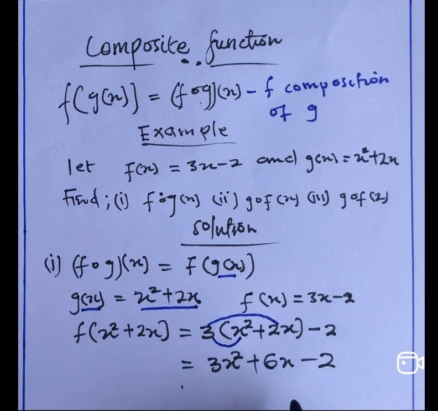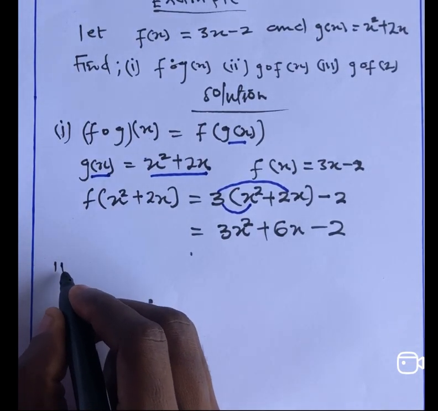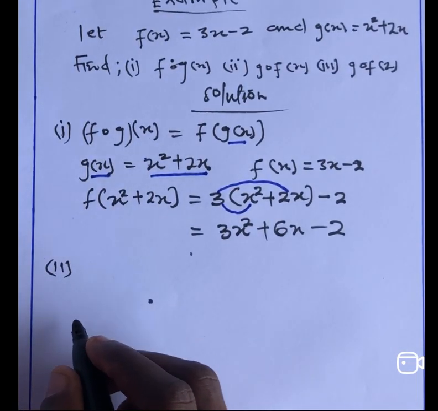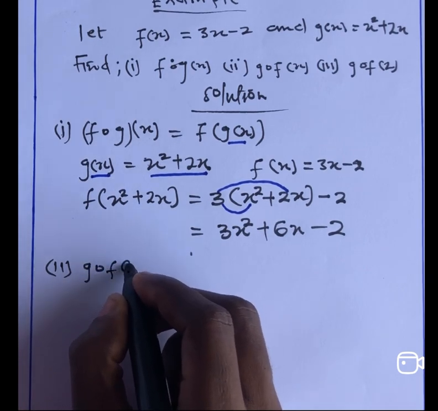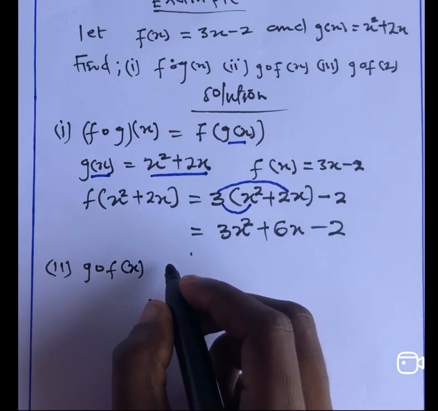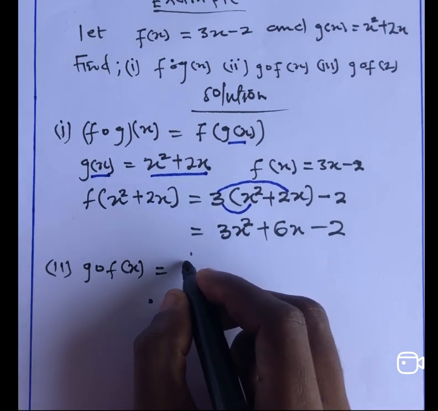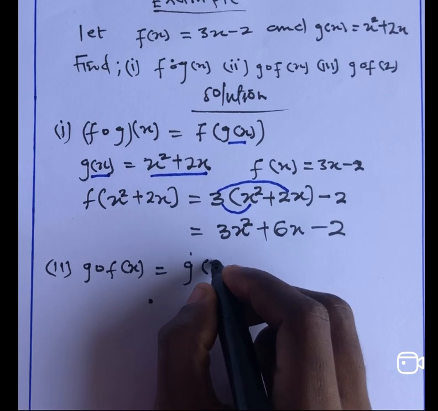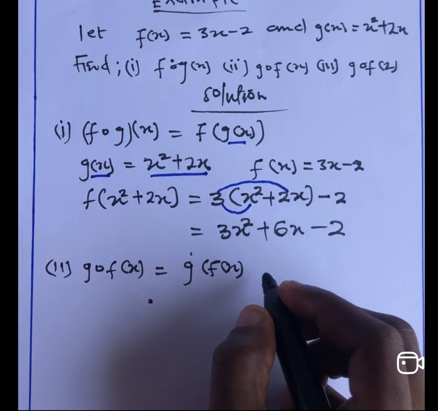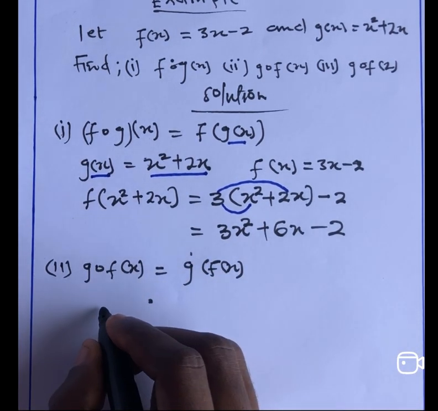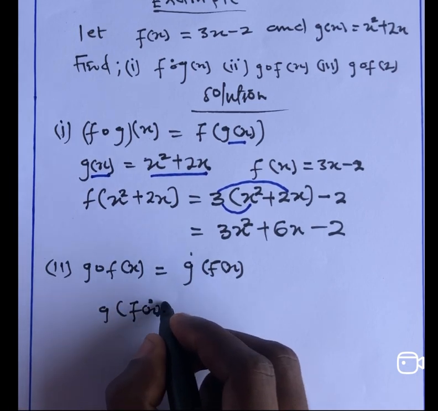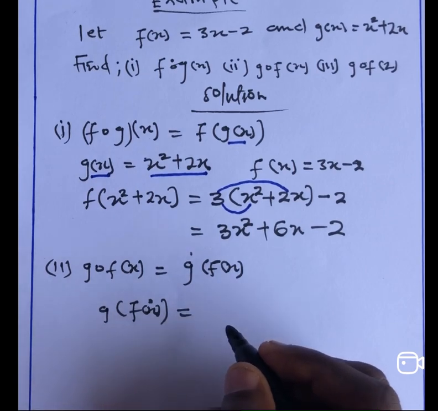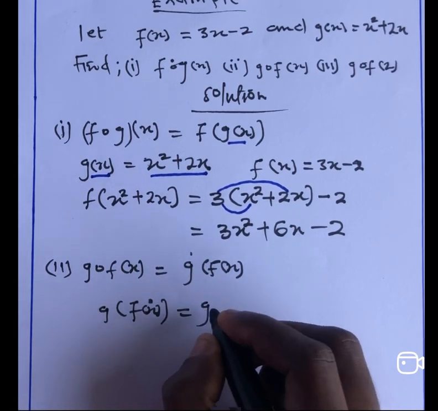All right, now let's move on to the second one. The question is g composition of f, and we are saying this can also be written as g of f of x. So from here g of f of x will be equal to g bracket open.